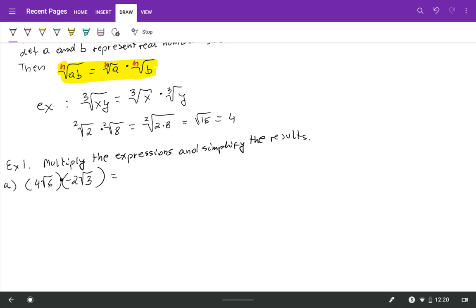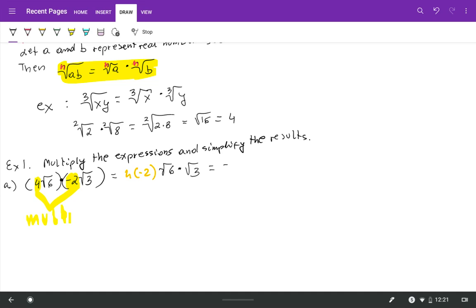First of all, distribution property. So we can always multiply the coefficients of radicals together. It doesn't matter what index the radicals have, but we can multiply them together. Okay, so we will end up with 4 times negative 2, and then you can just rearrange everything else. This is the square root of 6 times the square root of 3.